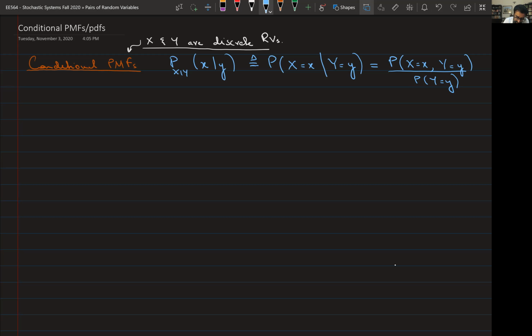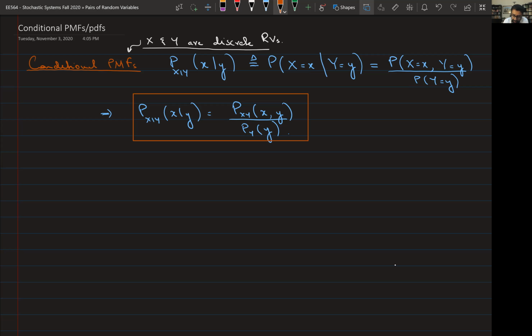And this therefore implies that the conditional mass function of X given Y is actually equal to the joint PMF divided by the marginal PMF, right? So this is a very quick derivation of how the joint PMF and the conditional PMFs are related.